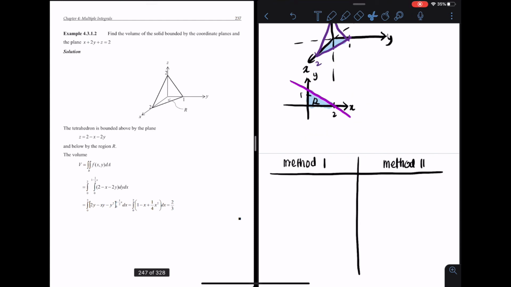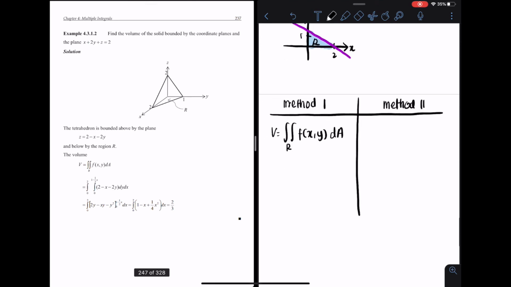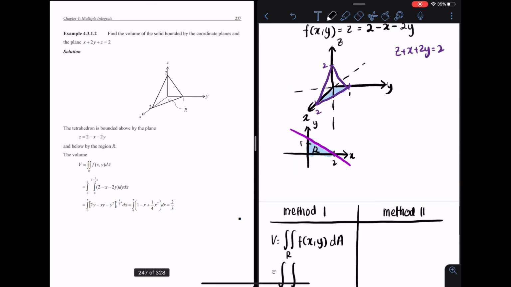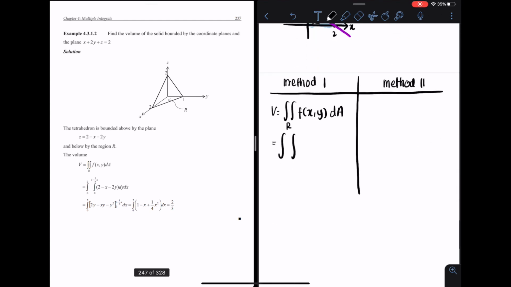Okay, what should I do now? So remember the formula. V is equal to double integral over region R for function f(x,y) dA. So I will have double integral, since that is my function z, such as 2 minus x minus 2y dy dx.